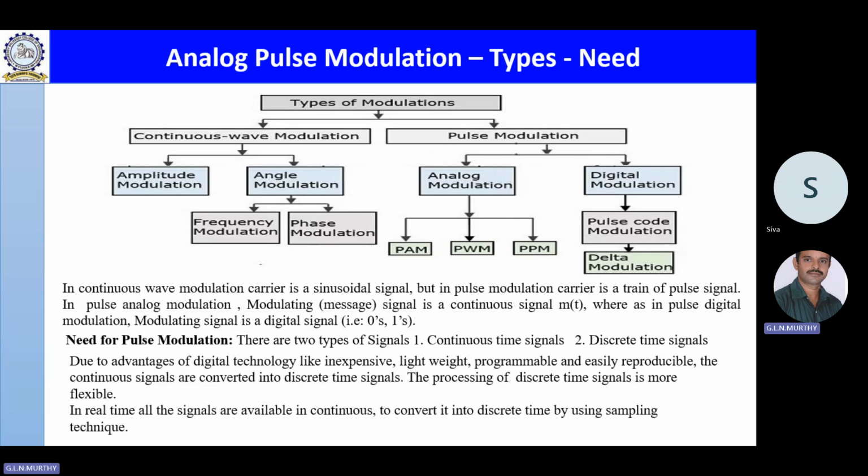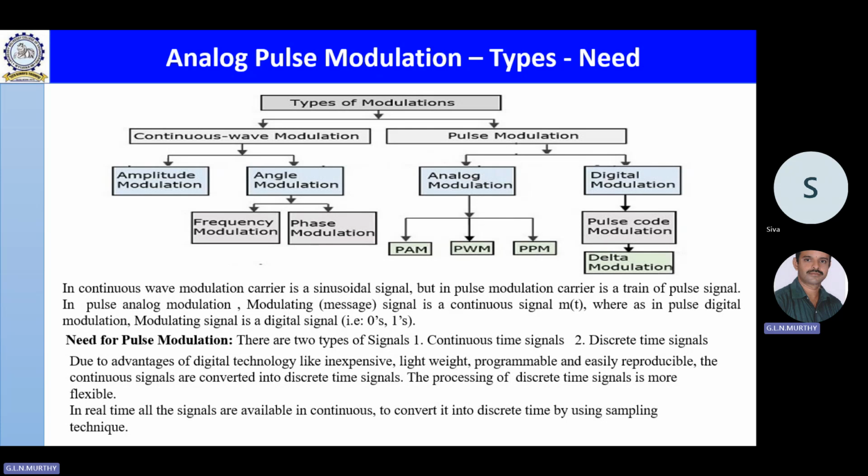When digital technologies have so many advantages, why should we run behind analog techniques like AM and angle modulation? That is the fundamental question. As digital technologies have advantages, we have to shift over to them. But your signal is analog, a continuous wave.